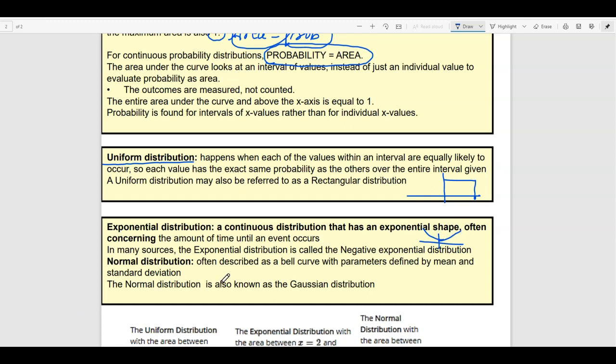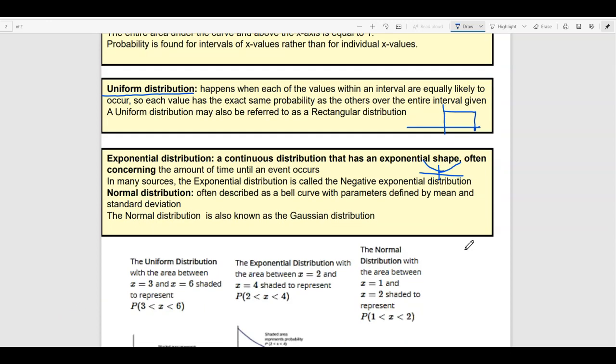Normal distribution: 90% of the data follows normal distribution, which is called the Gaussian distribution, or also a bell-shaped curve. That's not a proper bell, but you get the idea.